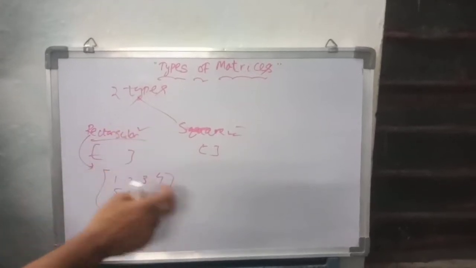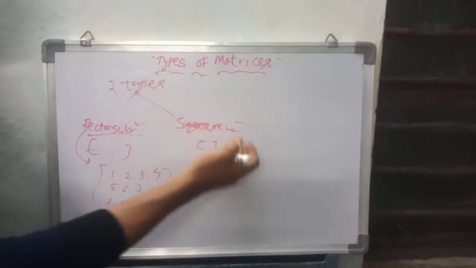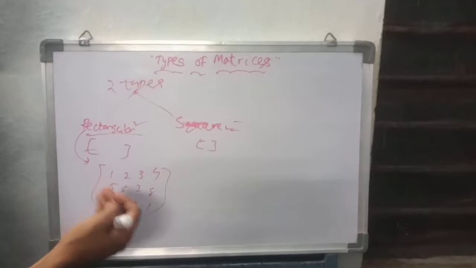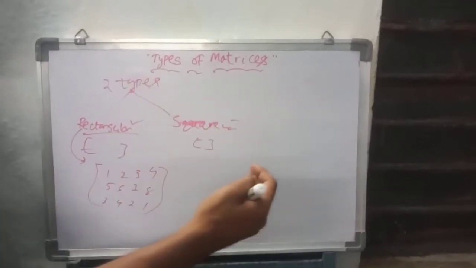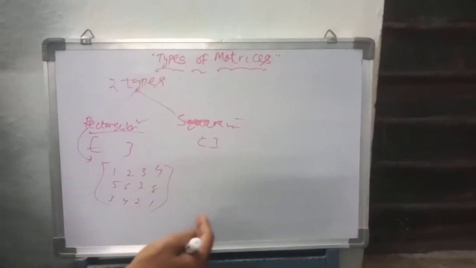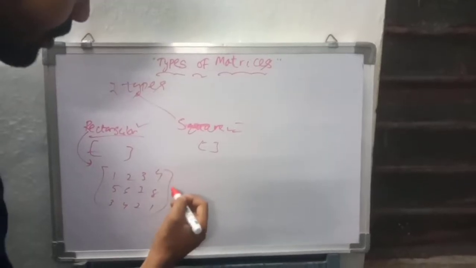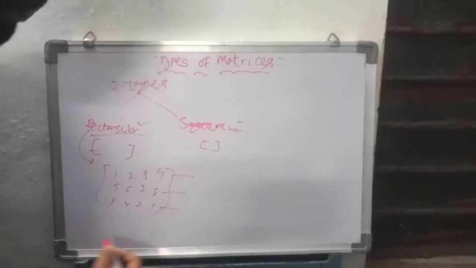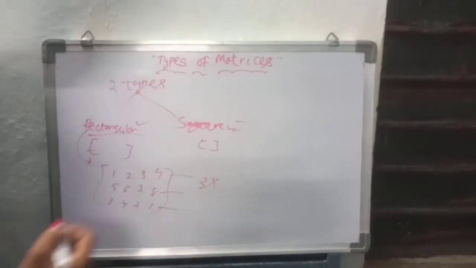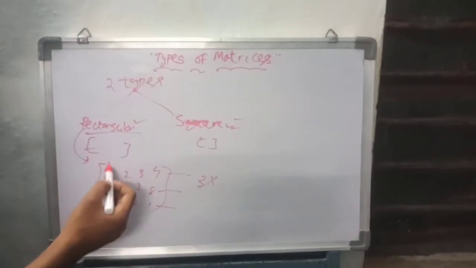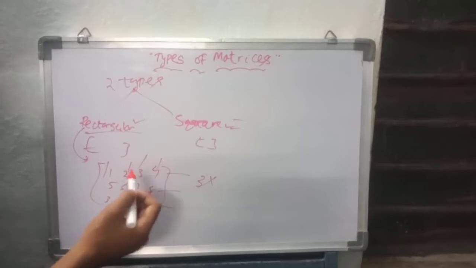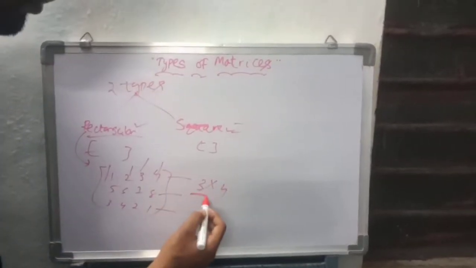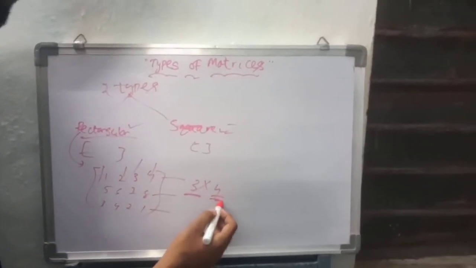How can we say whether this matrix is a rectangular matrix or a square matrix? We have to know how many rows m and how many columns n are present. First row, second row, third row, so 3 rows. How many columns? 1 2 3 4. So there are 3 rows and 4 columns.